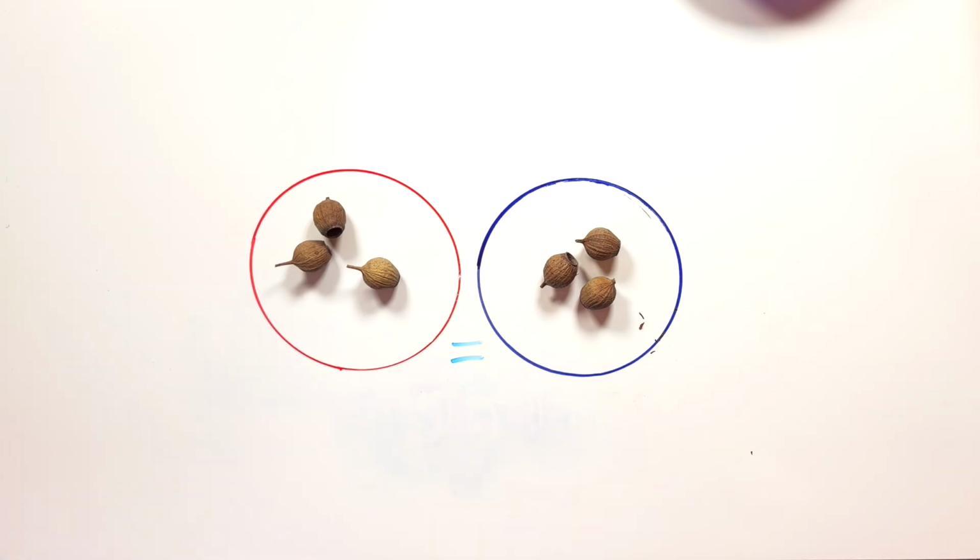We've made equal groups. And looking at this display, we can say some things now and even write some sentences about what we can see. Now, we had 6.